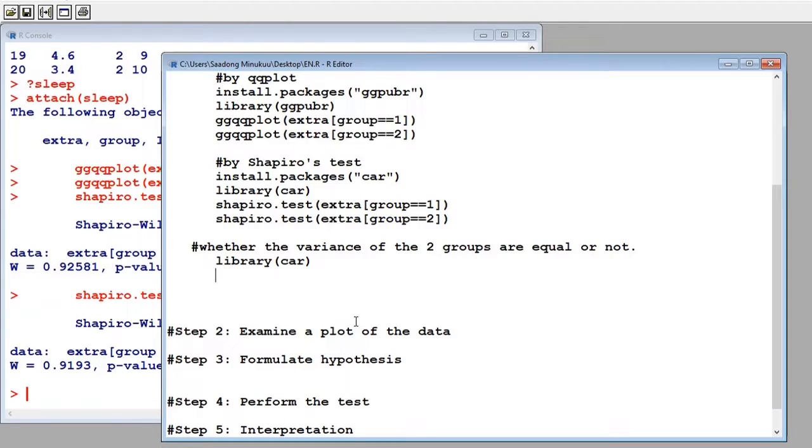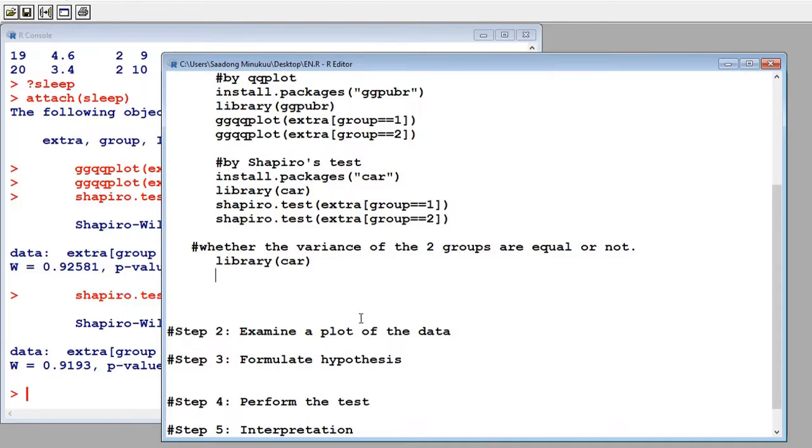The purpose of verifying whether the variances are equal is for us to perform a two-sample t-test for independent groups with either equal variances or unequal variances. To do the Levene's test, it's very simple.